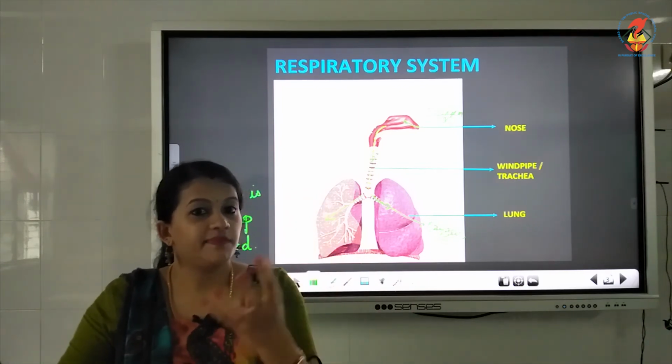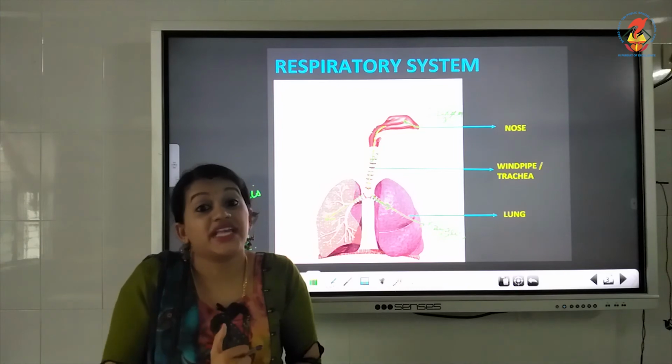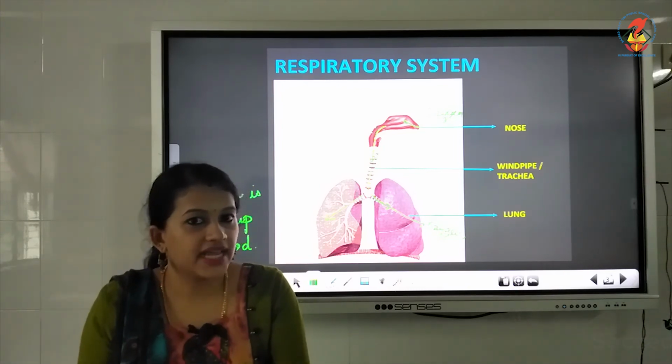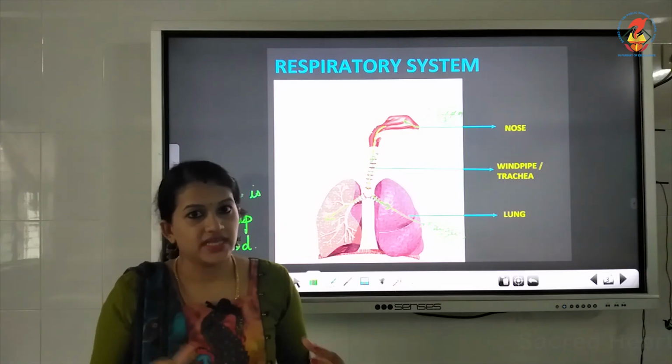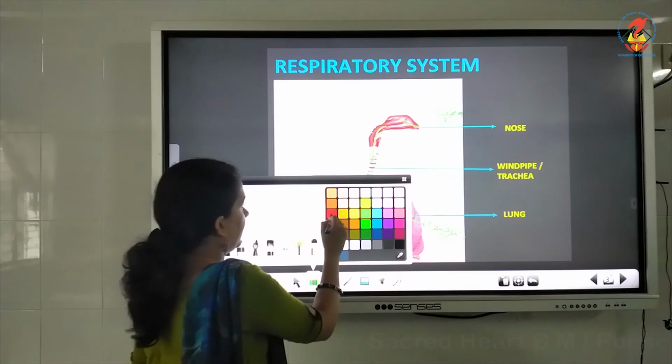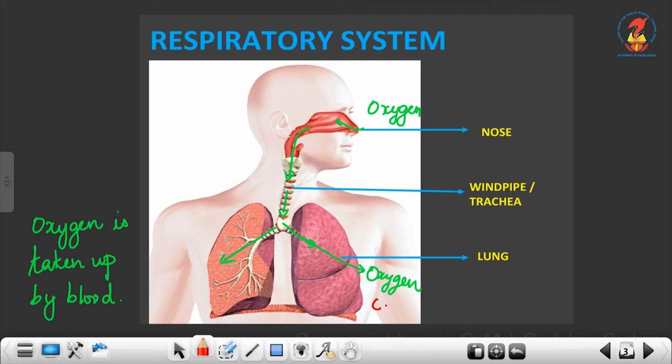The blood will again collect the waste material, that is the carbon dioxide. The carbon dioxide is taken from those cells or from those body parts and the blood will take up the carbon dioxide. You learned about carbon dioxide.